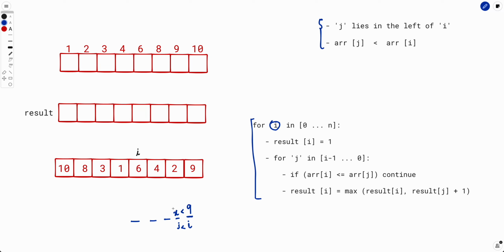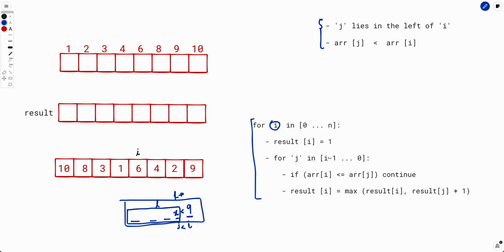Now for each of these indexes, if let's say the longest increasing subsequence length that ends at x is L, the longest increasing subsequence length that ends at 9 would just be L plus 1, right? So we will just iterate over all such possible x and take the one which gives us the maximum value of L plus 1, right?